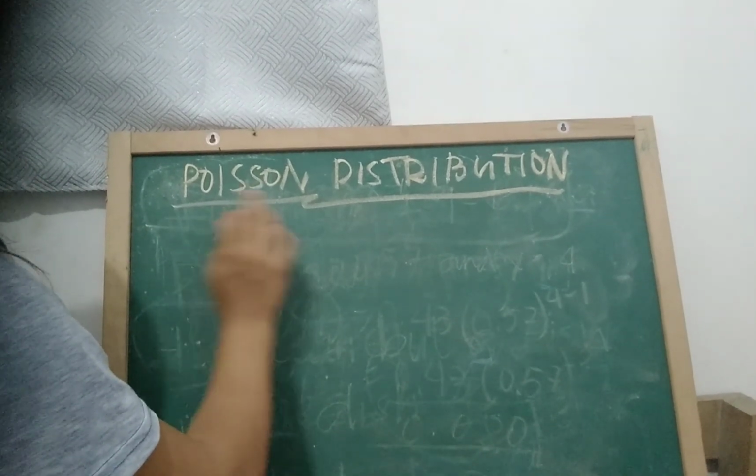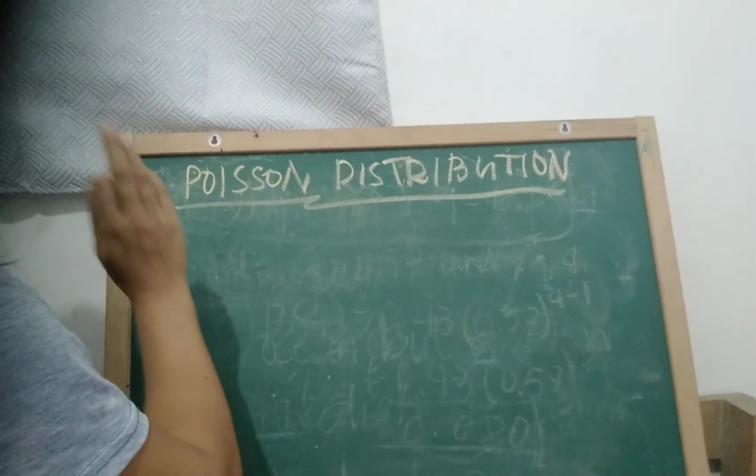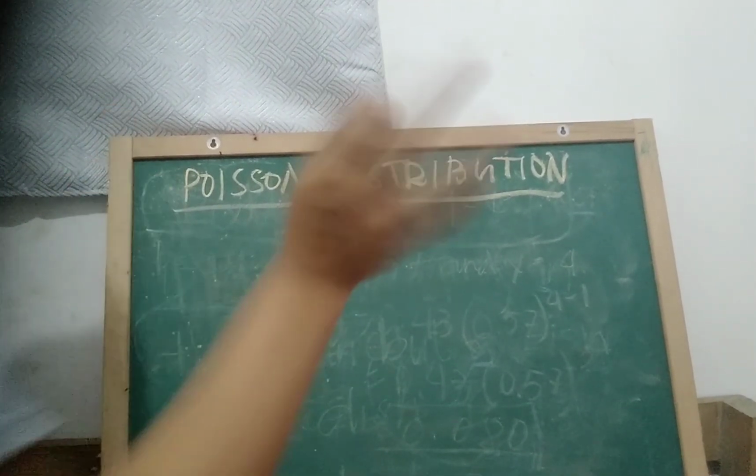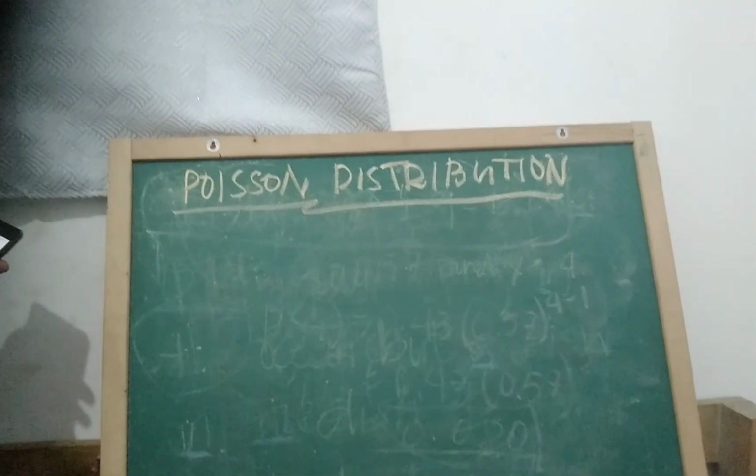There is one more condition added to these. The fourth is the probability of exactly x occurrences in an interval.